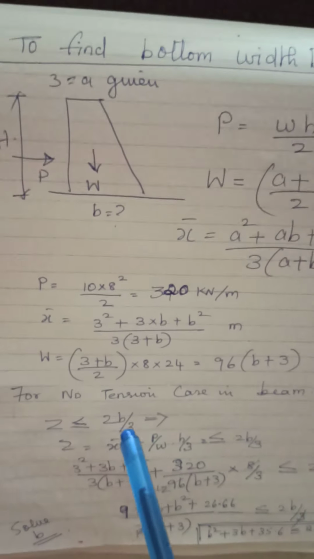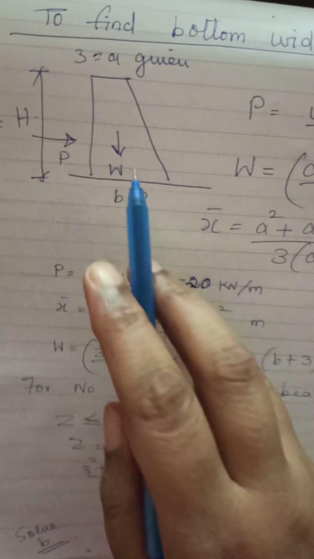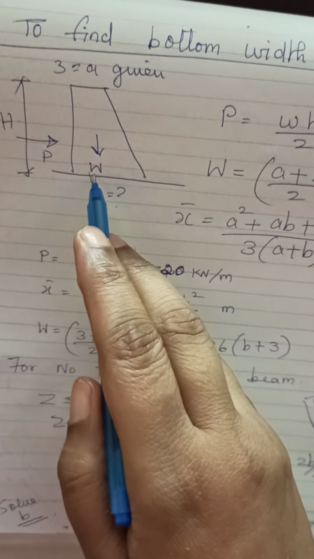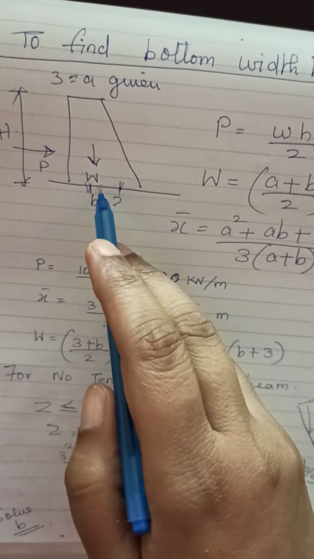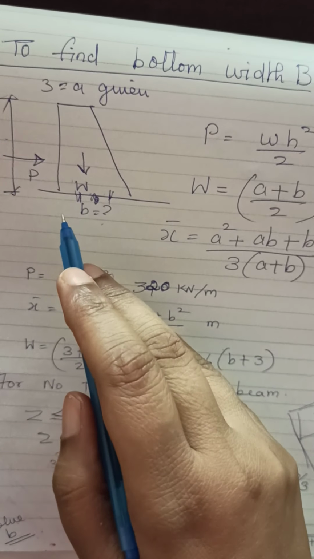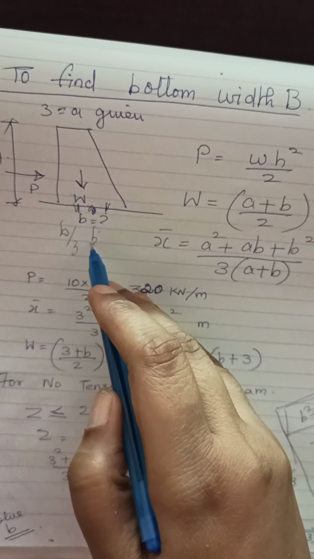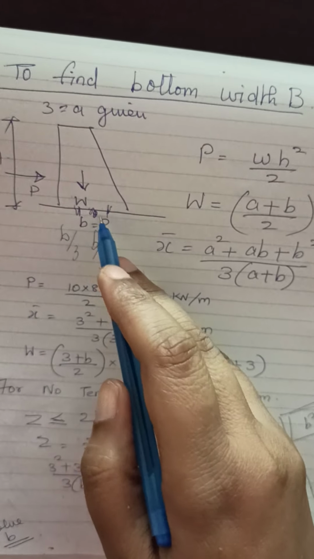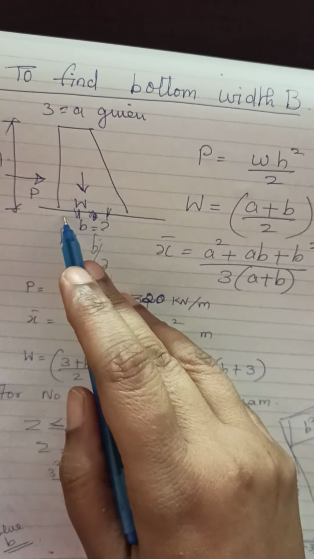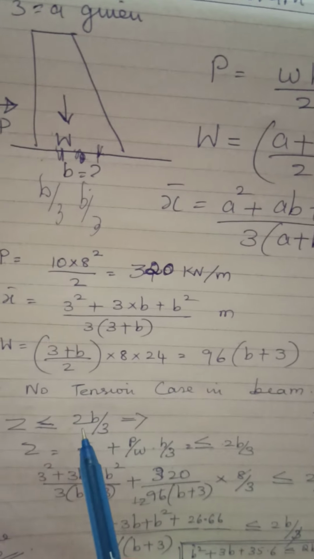So when we have to solve the problem for the bottom width, we have to take into consideration that when we divide the dam into 3 parts, we want the resultant to strike in this middle third zone of the dam or retaining wall. So this is the first B by 3 and this is the second B by 3. We want to limit the Z of the dam resultant to be less than 2 times the B by 3 of the dam.